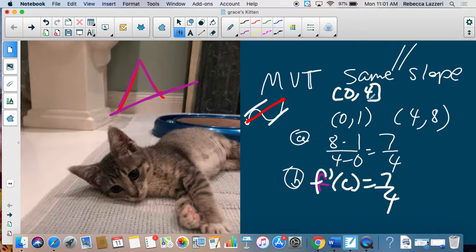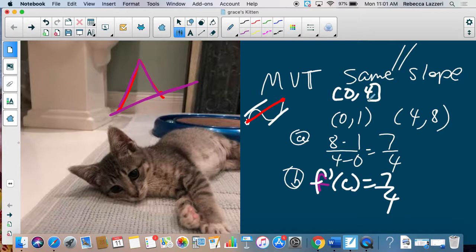It could be that I run into a quadratic and it gives me two numbers, but only one is within 0 to 4. You're only looking within that domain is what I'm trying to say. So if you think about a sine graph, it goes up and down and you don't need to go outside the domain that they give you. You just list the points in that domain where it's satisfied. It has to be continuous and differentiable.